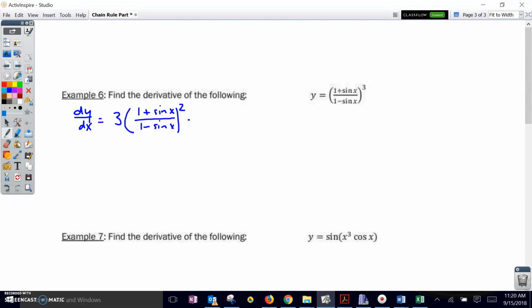And when we go to find the derivative of the inside of this, we're going to apply the quotient rule. And so I've got low times the derivative of high, the derivative of 1 plus sine of x is cosine of x, minus high times the derivative of low, which is negative cosine of x, all over low squared.